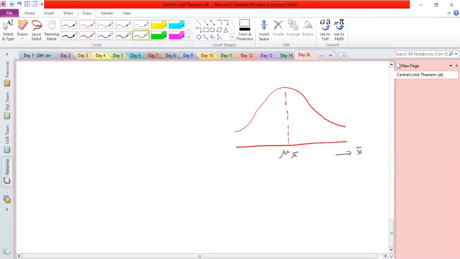This is all about x bars. Here, the standard deviation is sigma by square root of n. Now, there are three conditions, or rather I can say properties. People call them properties of sampling distribution.